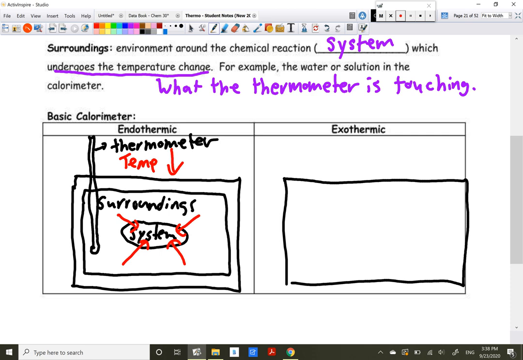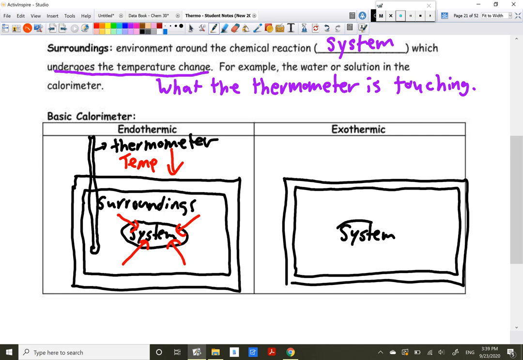Our exothermic reactions will look basically the exact same, so we're just going to have a very crude drawing of an insulated box. This way it's an isolated system. We have our system, our chemical reaction, somewhere inside. We have our surroundings obviously surrounding it. And of course we have our thermometer, something to gauge the temperature.